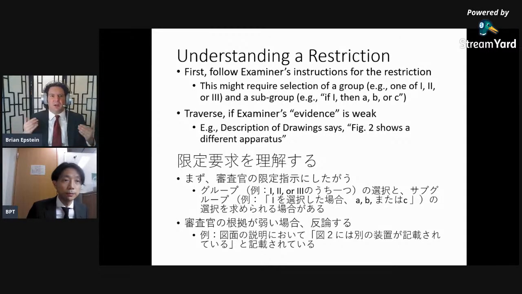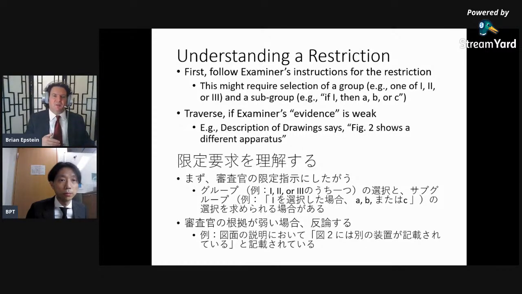Whatever it is, it should be pretty easy to present arguments to your examiner and say, look, applicant recognizes that the specification states that figure two shows a different apparatus. However, maybe it's a translation error and it's just supposed to say it shows a different view of the apparatus or something along those lines.